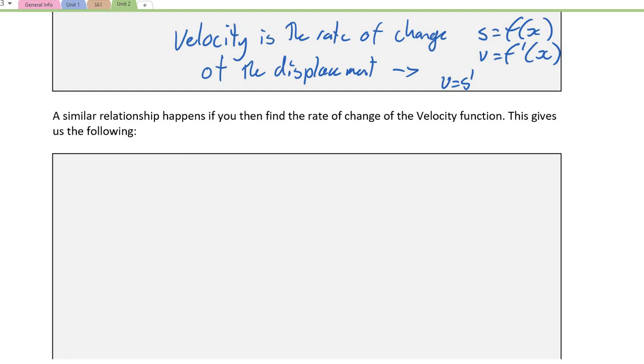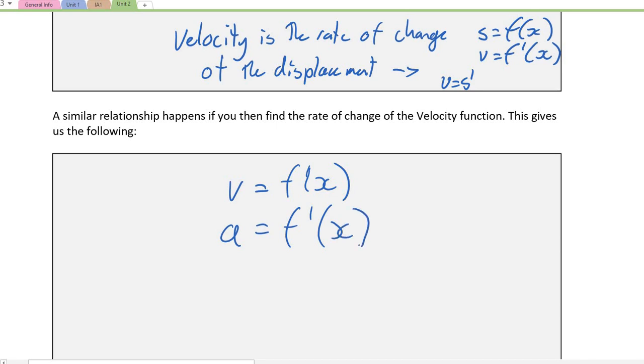Right. So, similar relationship happens when you find the rate of change of the velocity function. So, for this one, if velocity is equal to some function of x, acceleration is just going to be the derivative of that velocity function.